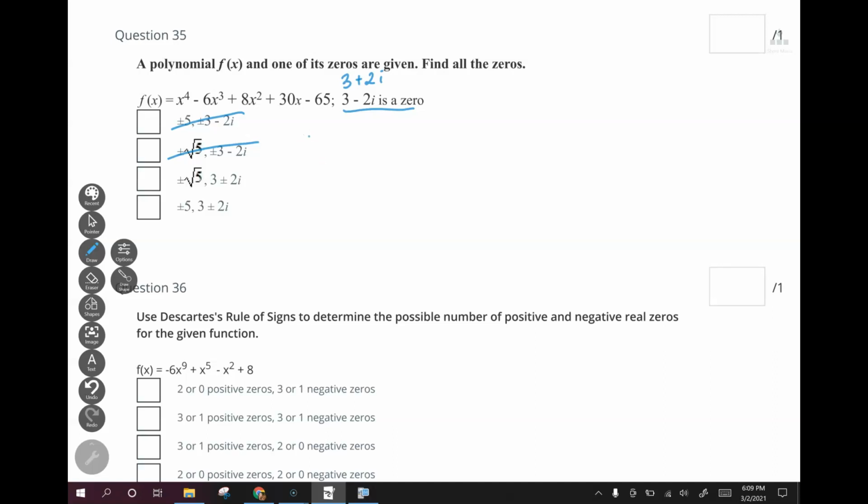So 3 plus 2i gives us x minus 3 plus 2i as a factor. 3 minus 2i gives us x minus 3 minus 2i as a factor.